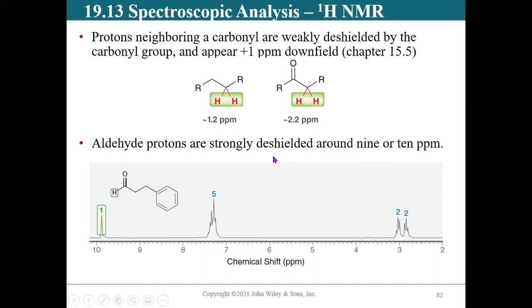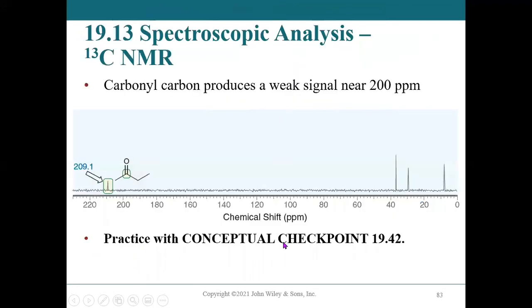Aldehyde protons are strongly deshielded, around 9 or 10 ppm. So we see this proton on the carbonyl group in this aldehyde is really downshifted to about 10 or 9 ppm. So 10 ppm here, 9 ppm here. The carbonyl carbon produces a weak signal near 200 ppm. So for them, this carbonyl carbon here produces a weak signal, about 200.